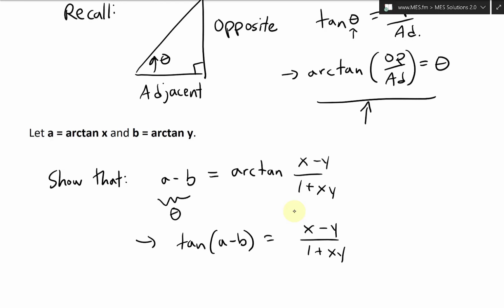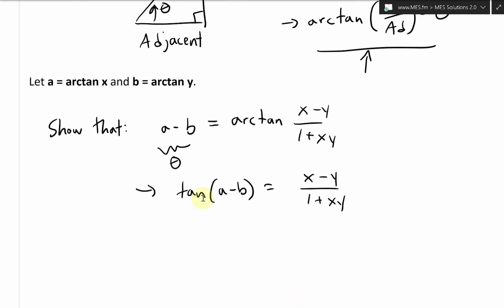So basically this is exactly what we need to prove. We can now use the trig identity for tan(a minus b) and try to prove that it's this. And then hence we've proven our identity.